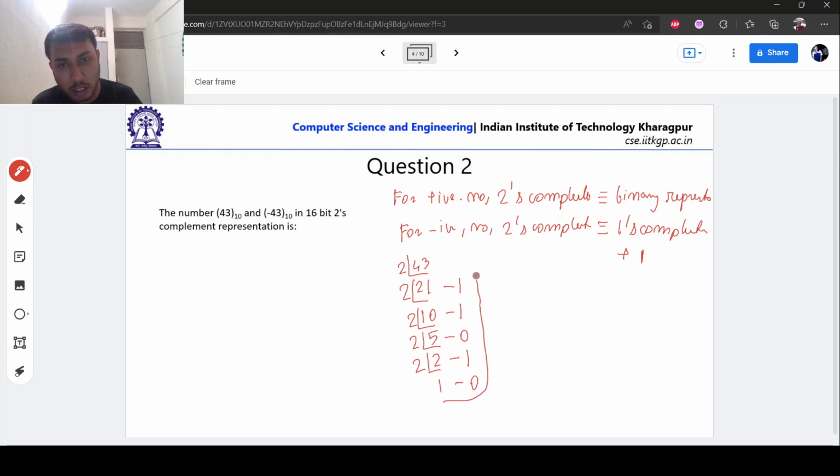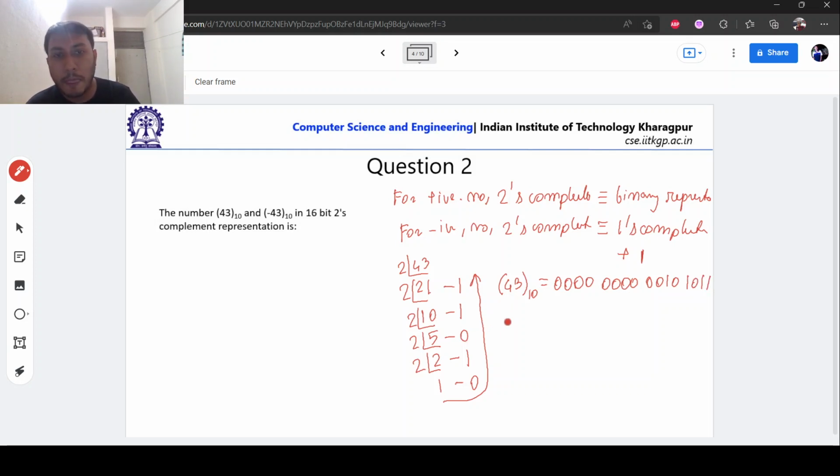So this is the corresponding binary. For 16 digits it will be 0 0 0 0 0 0 0 0 0 0 1 0 1 0 1 1.